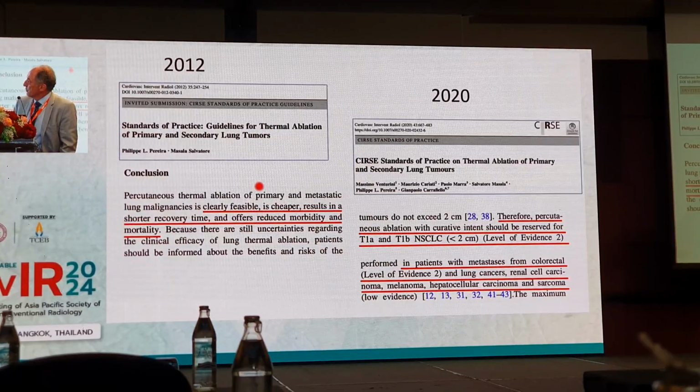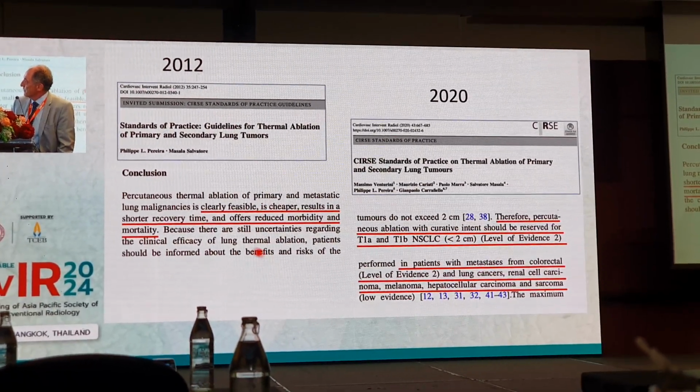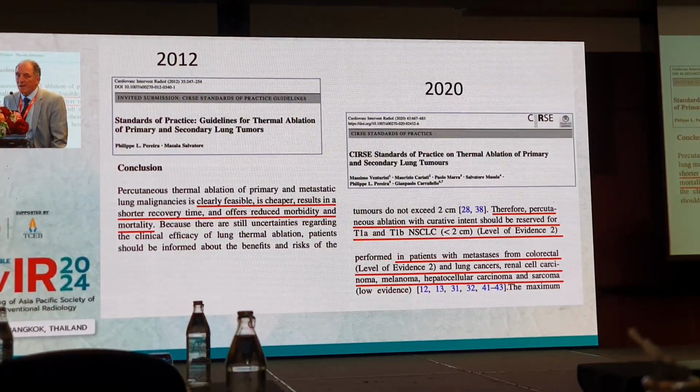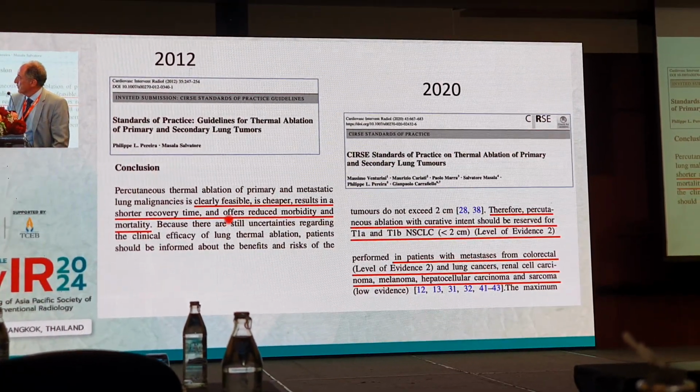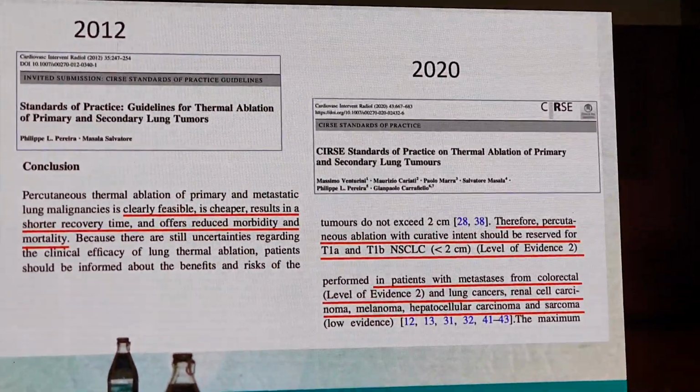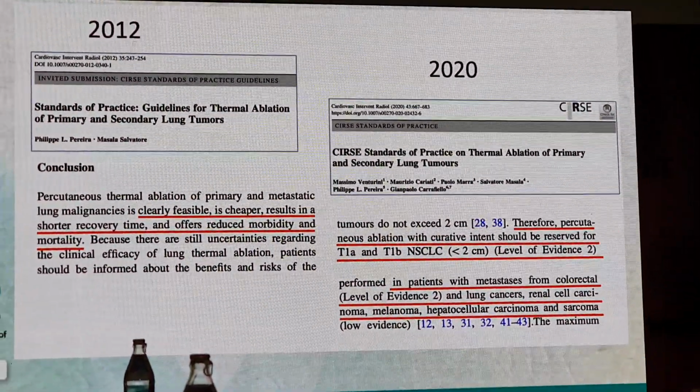Look at this, what happened over the last years. I had the honor to publish this standard of practice, and you see the conclusion was very, let me say, very vague. What can we do? Ablation of thermal lesions is feasible, it's cheaper, but we have much more experience in the last years.